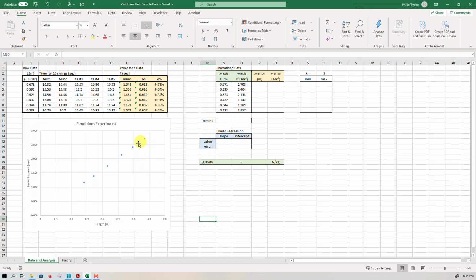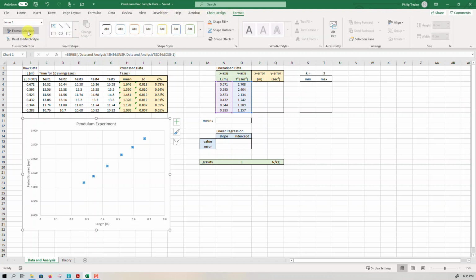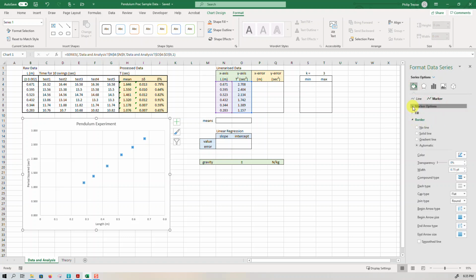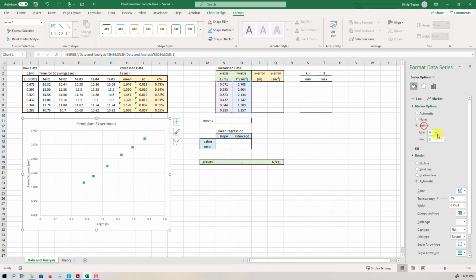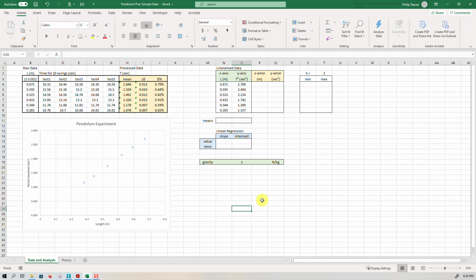I do not like the dots that Excel creates, so I'm going to format those before we go much further, and I will change the marker to be a nice X. So far so good. I could add a trend line at this stage if I wanted to.